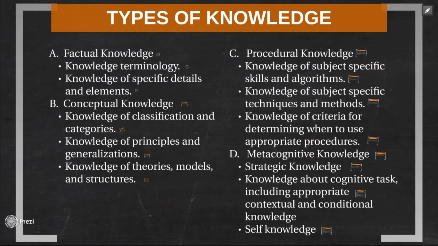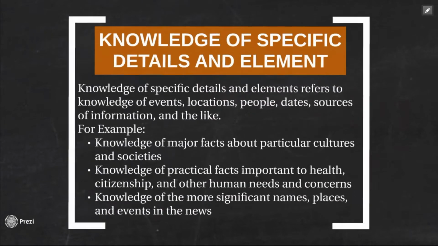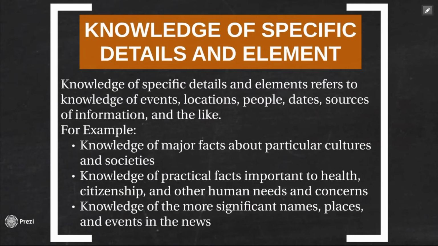In the factual knowledge, there is knowledge of specific details and elements. Knowledge of specific details and elements refers to knowledge of events, locations, people, dates, sources of information, and the like. For example, knowledge of major facts about particular cultures and societies.